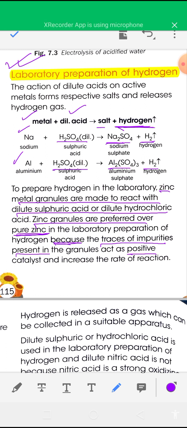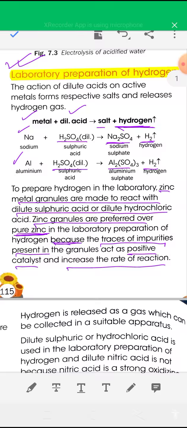So these metal impurities present in zinc granules act as positive catalyst and increase the rate of the reaction.